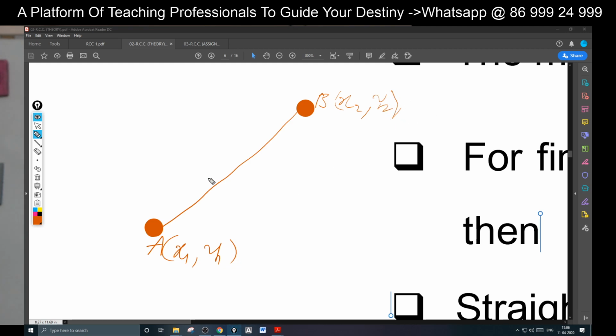Now, this is divided by another line ax plus by plus c equal to 0.